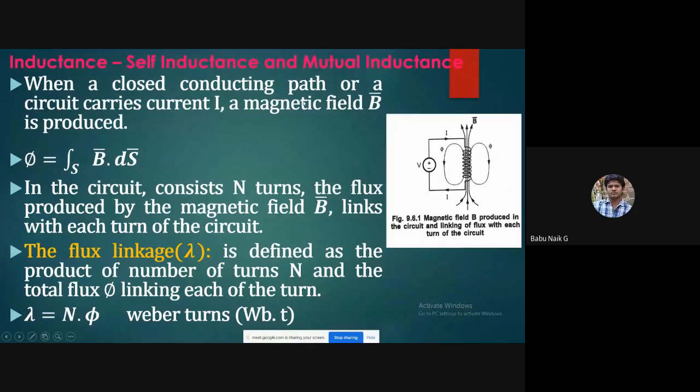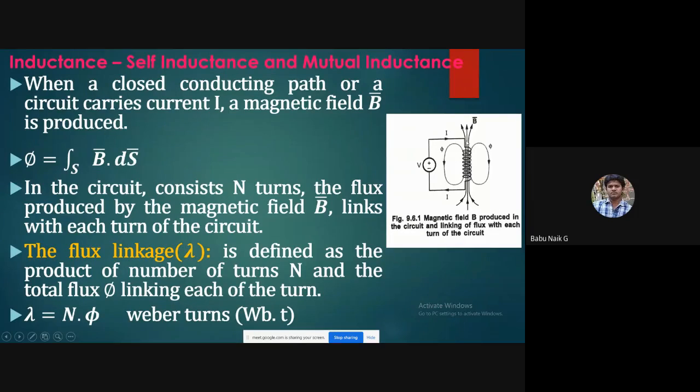Then the total magnetic flux of that conductor we can write in mathematical form as the surface integral of B bar dot dS. So such magnetic flux is produced here. As a small example, consider only one coil, one conductor producing that flux.